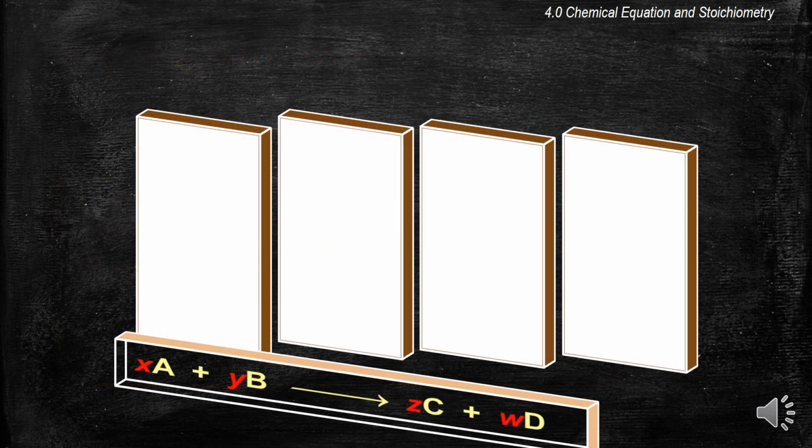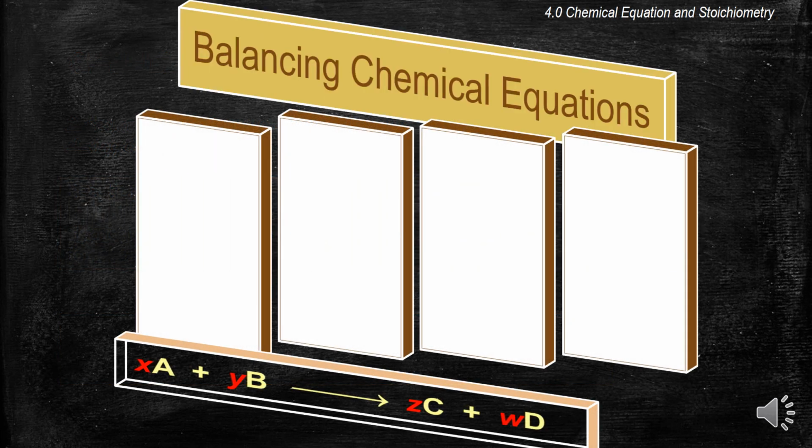Balancing chemical equations. To represent a chemical reaction correctly, the equation must be balanced. All balanced chemical equations have the following features.